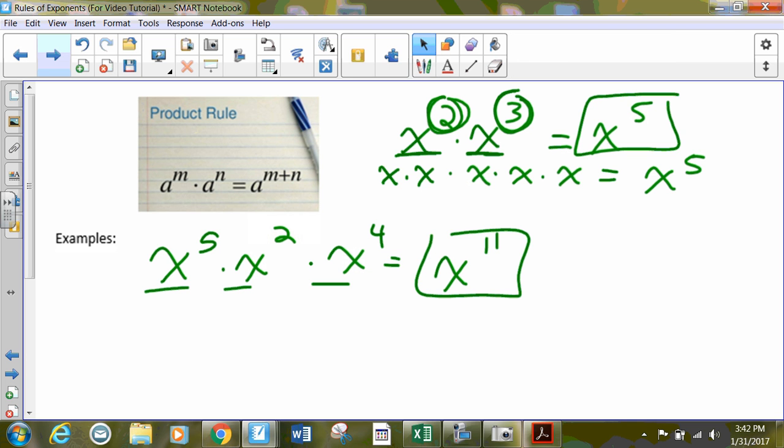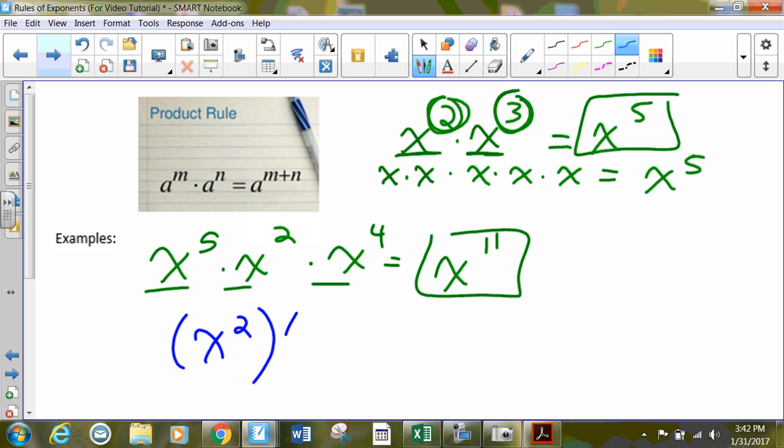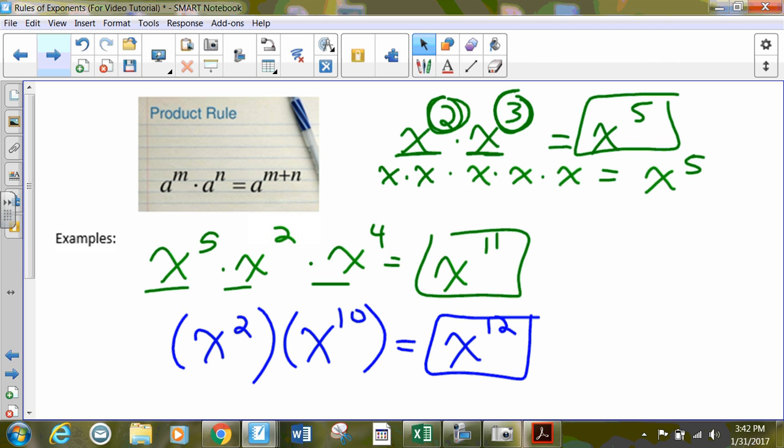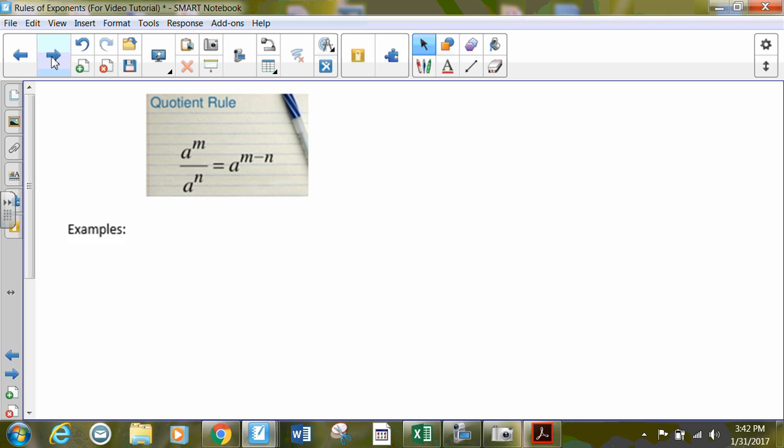Or what if we had x squared times x to the 10th power. Once again, same base, we add our exponents, so 2 plus 10 is 12. Do you need to have that memorized? Yes. Just like you have it memorized how you brush your teeth every morning. Hopefully you do that.